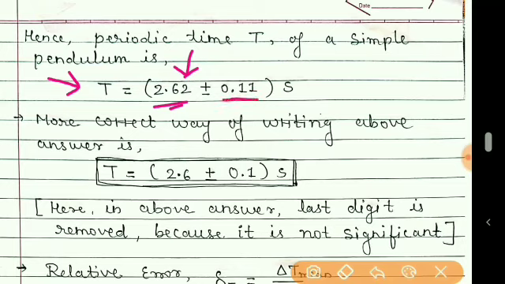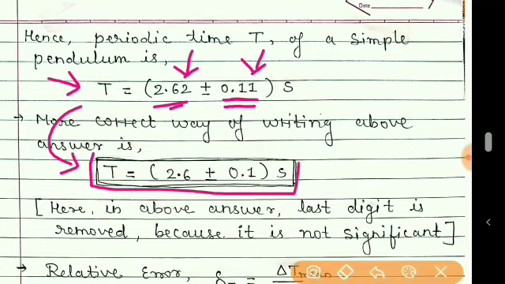In the average absolute error too, the last digit, 1, is insignificant, so we can remove it. Our final answer should be T equals 2.6 plus or minus 0.1 second.